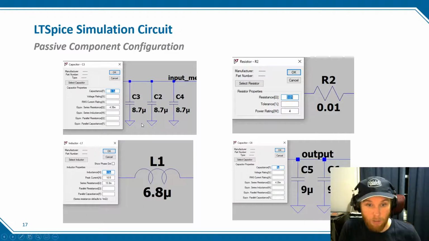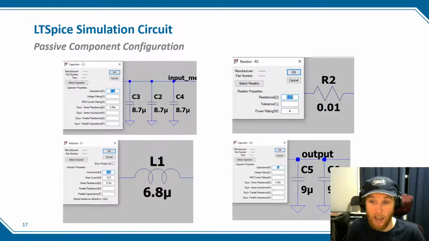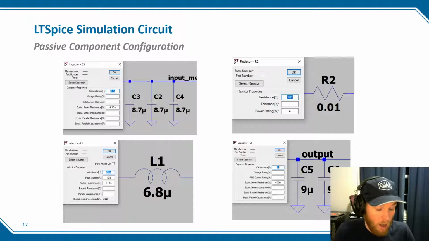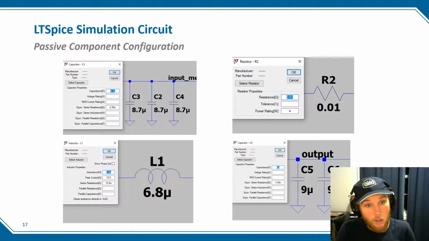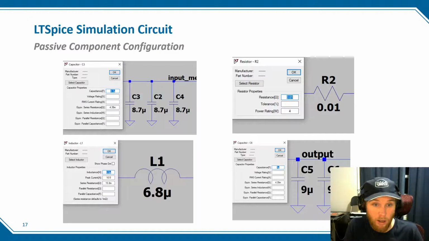These are the passive components. So as I talked about before, there's non-ideal characteristics associated with the inductor and capacitors, as well as I added some sense resistors, which were a part of how the buck controller controls the charge profile. So here I'm just showing that I inputted the non-ideal characteristics of the capacitors.